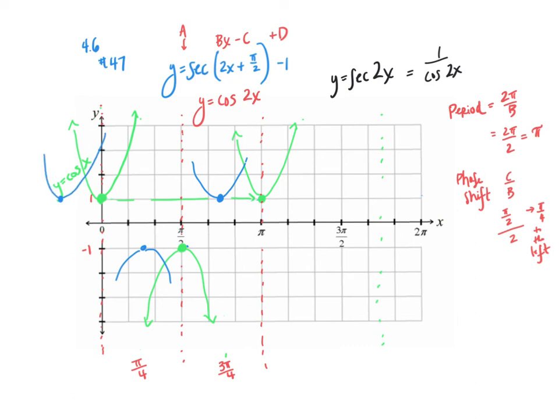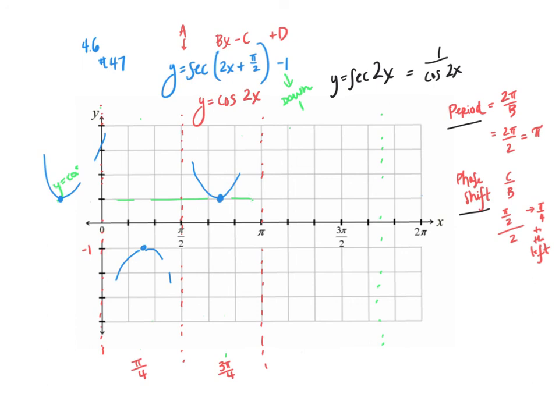So I'm not quite done, and I'm going to erase the green. Because I took care of my period, I took care of my phase shift, but now I have a vertical shift, so I still need to go down 1.